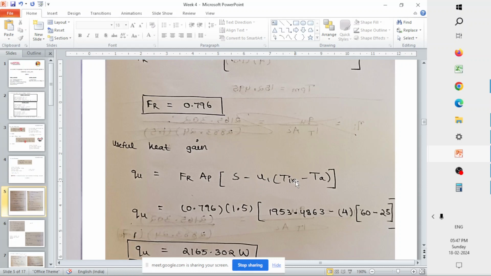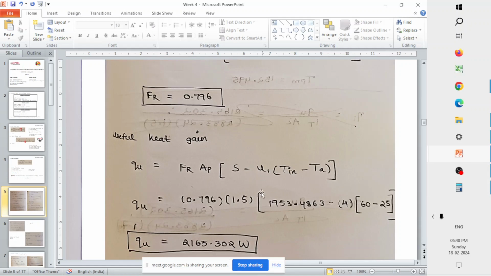It won't make much difference whether you express it in Kelvin or degree Celsius, because that 273 factor will be a constant. It will be 60 minus 25, and if you add 273 on both sides, the 273 and 273 get subtracted. So at the end you will be getting only 35 as your delta T.